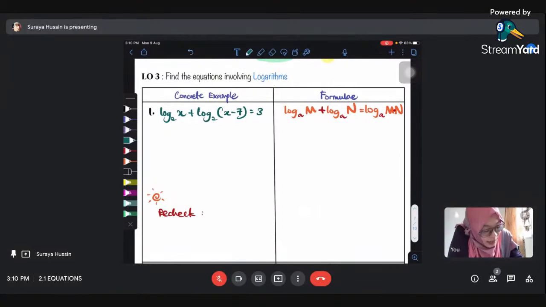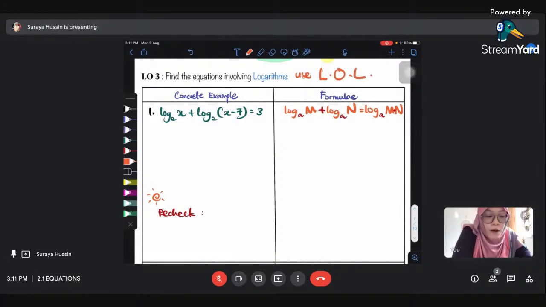Okay. Now, actually guys, untuk LO yang ketiga, sebenarnya sangat mudah. Kamu telah membuat banyak soalan-soalan ni di dalam quiz saya minggu lepas. Sebabnya, we will use a lot of log in this type of equation.